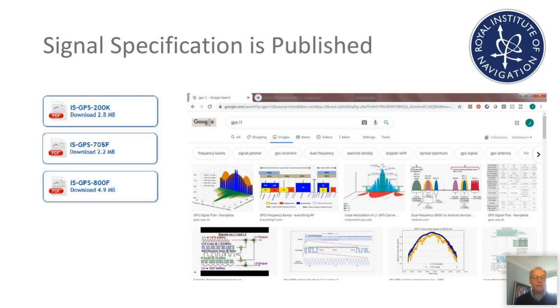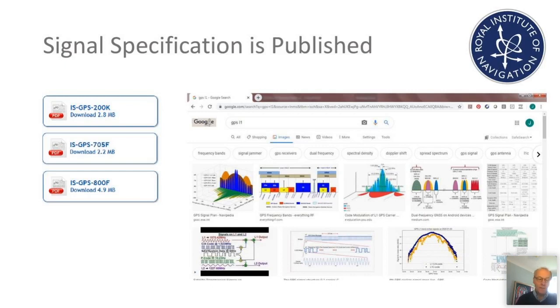Why is this out there? Well, it's absolutely essential to enable receiver designers to build receivers. And then over time, over the history of GPS, test equipment manufacturers started building simulation systems. Guy, who you'll hear from in a minute, is from Spirent, and they design and develop simulation systems.